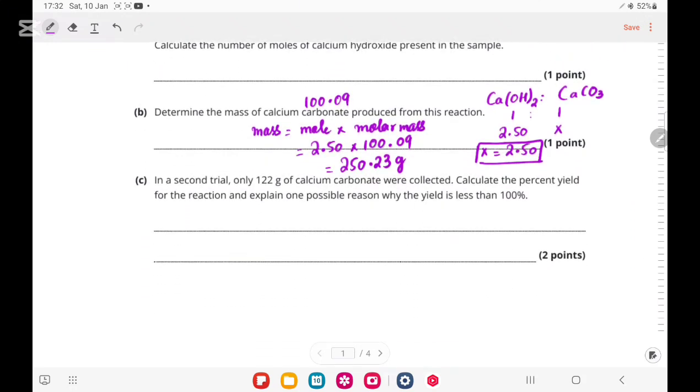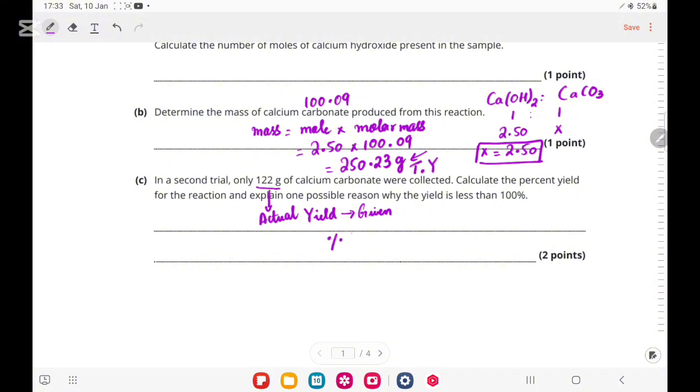Then they say in a second trial, what happens? Only 122 gram of calcium carbonate was collected, and calculate the percentage yield for the reaction. So this is going to be actual yield. Actual yield is always given in the question, and theoretical yield is this one, which we have found from the equation.